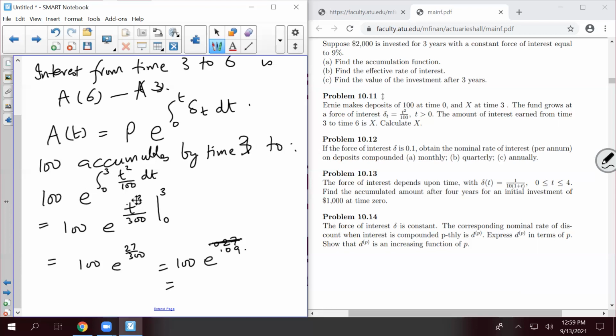Okay, this integral is t cube over 300 from 0 to 3, which would be 27 over 300. So this integral is just 27 over 300, and the whole integral is sitting in the power of e.